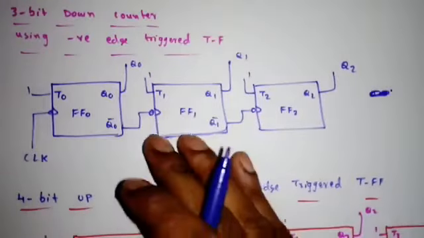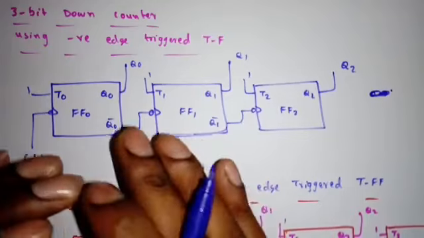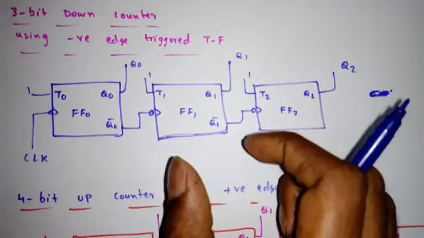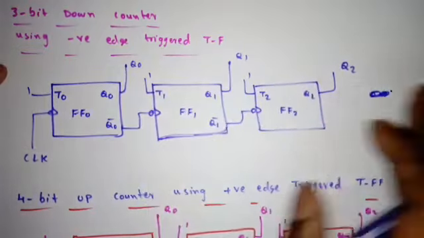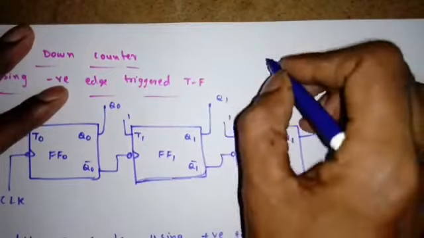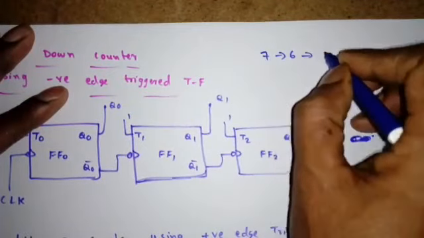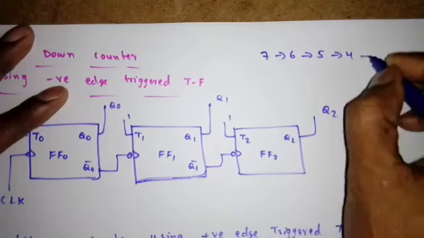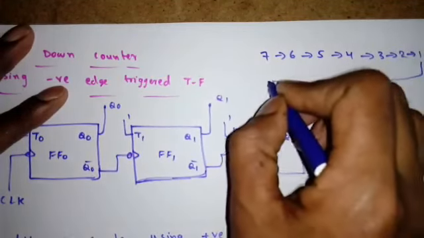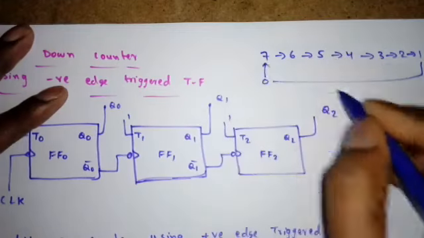Right? In the next lecture, we will see how to design mod 6 counter or how to design mod 10 counter. That is, we need to stop the sequence in between. If I take this counter, it will do the down counting. So it will start from 7, 6, 5, 4, 3, 2, 1 and come back to 0 and come back to 7 again.